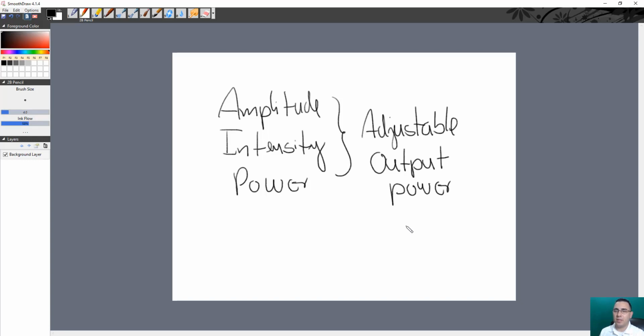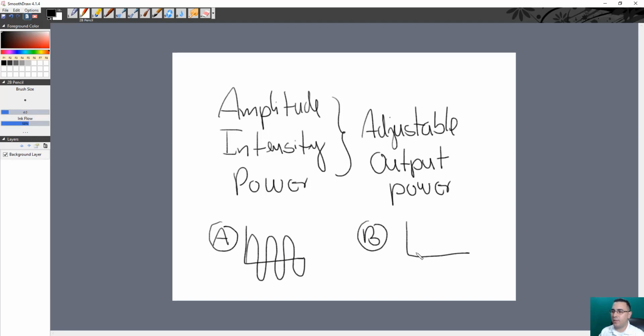So what is amplitude? The amplitude is how high your wave is. Like if, for example, I give you wave A and I give you wave B. So this is A here, and this is wave B. In a way, B has more amplitude because there's more height in the wave.